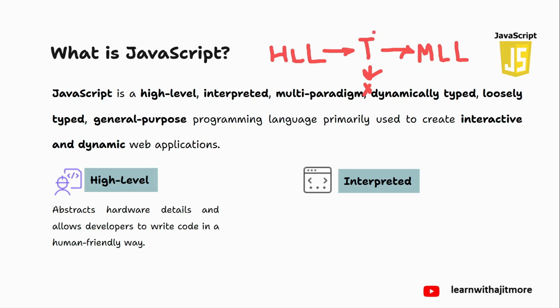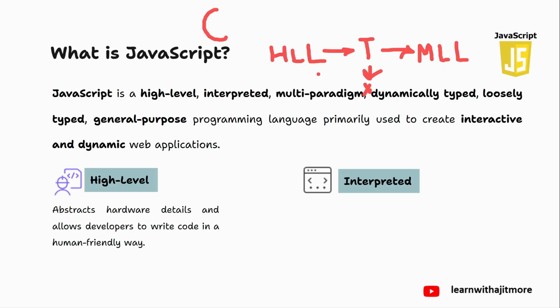Now, this translation mechanism is of two types. One is compilation. Many languages are compiled, like you take old Pascal, you take C, C++, even you take COBOL. These are all old languages which are compiled languages. Now, compiled means what? It takes the entire high level language code.